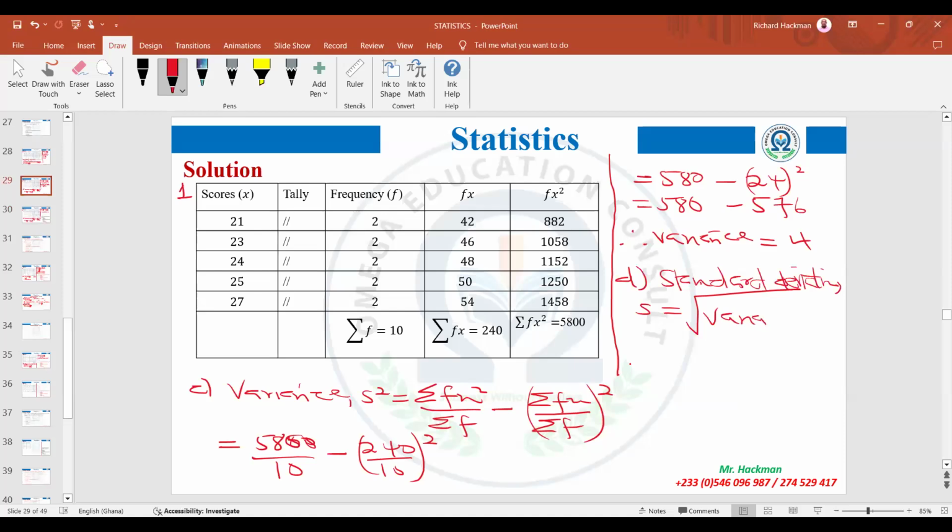If you have found the variance, then this is the formula that you've used. However, if you've not found the variance and you were asked to find the standard deviation, then you put the formula this way. S will be equal to root of the whole of this. Is that clear?